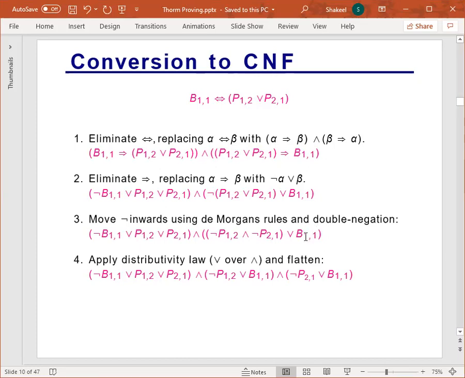So this term is ready, it is the disjunction of literals. The term here would be converted into not P12 and not P21 or B11. So from this step, De Morgan's law.